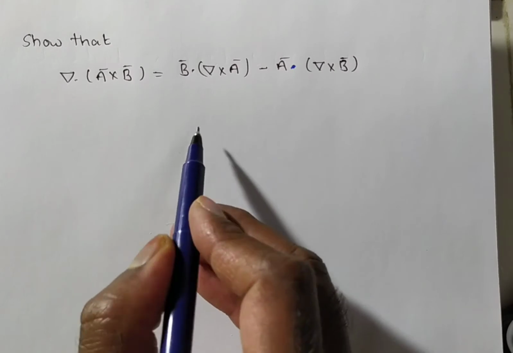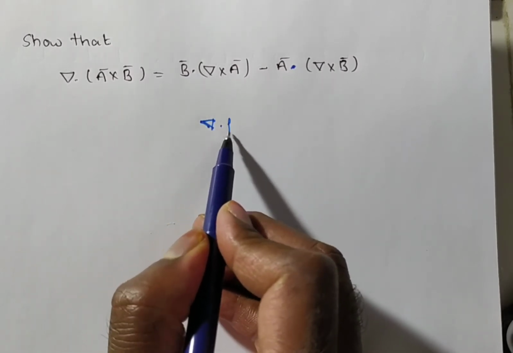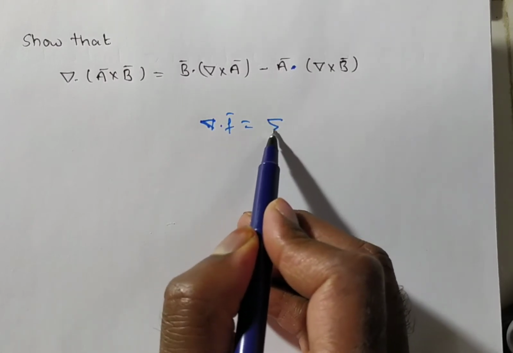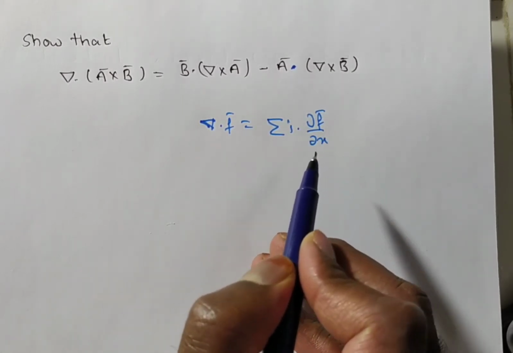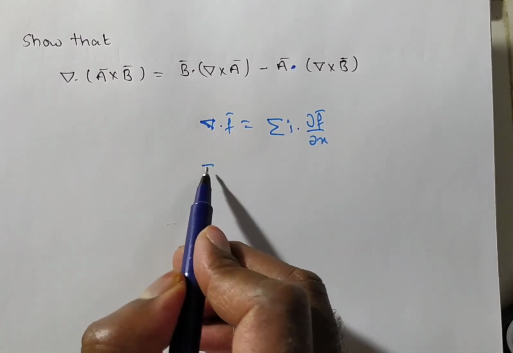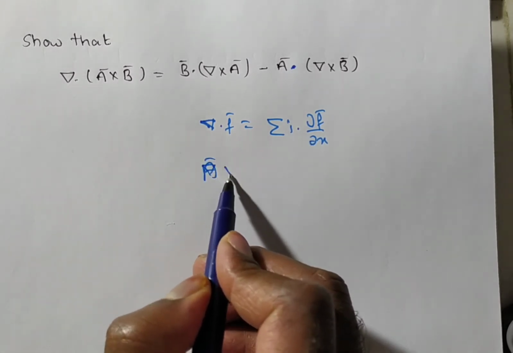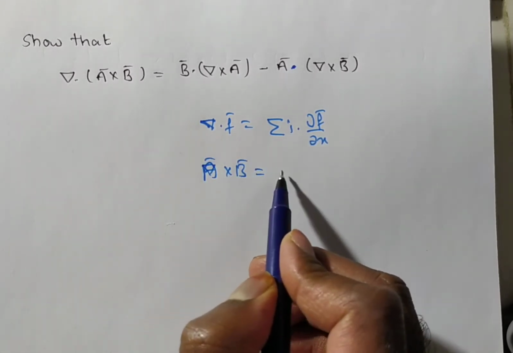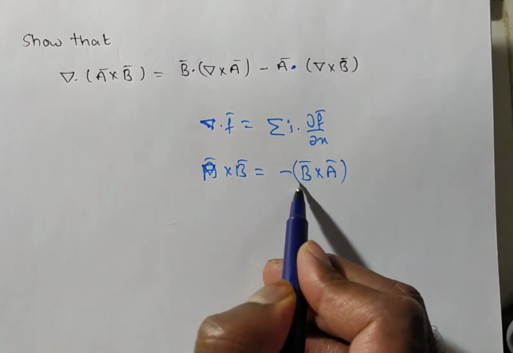First I am writing them. We have del dot f bar is equal to summation i dot dou f bar by dou x. Next, a bar cross b bar is equal to negative of b bar cross a bar.